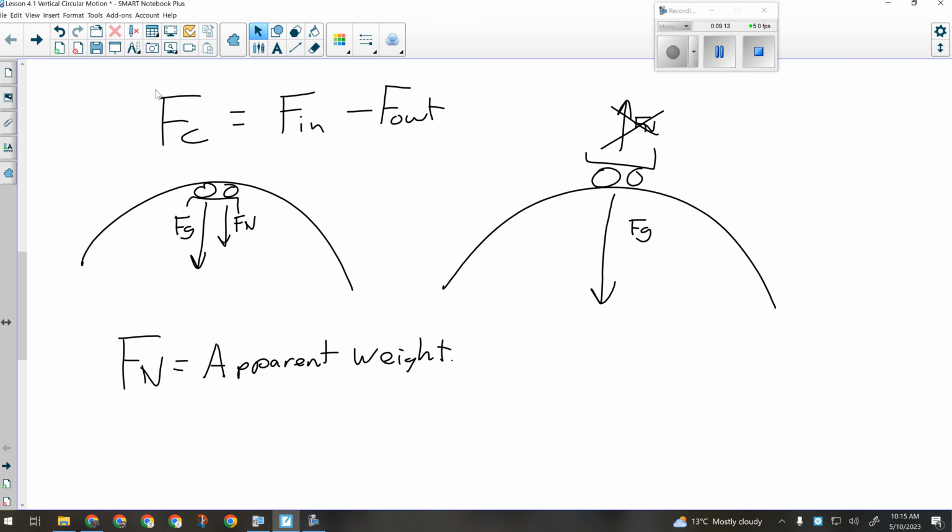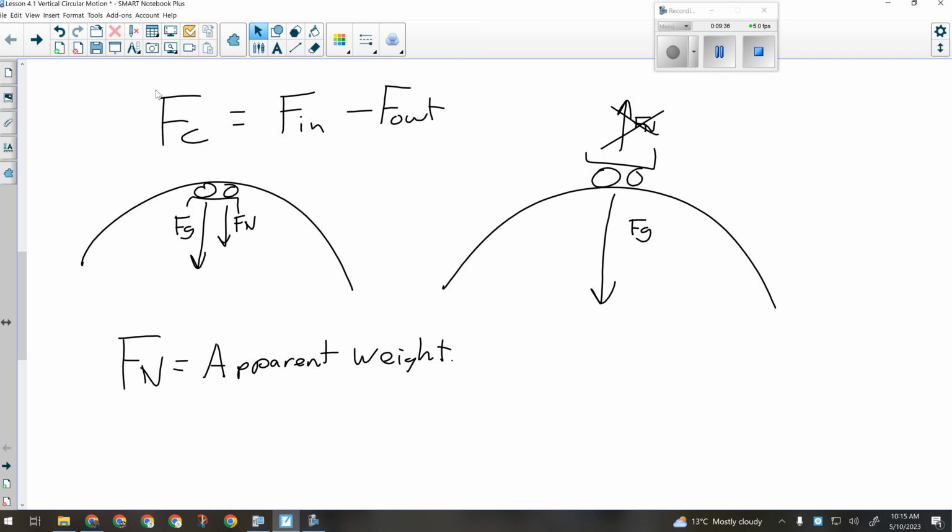Right? We talked about this with the elevator questions back in the last unit. We said if I'm accelerating downwards in an elevator, if I was standing on a bathroom scale, the scale would say I was lighter because the floor is not pushing on my feet as much. But the opposite would be true if it was pushing me upwards. It would show that I'm heavier than I actually am. I'm not, but I feel that way. That's my apparent weight.